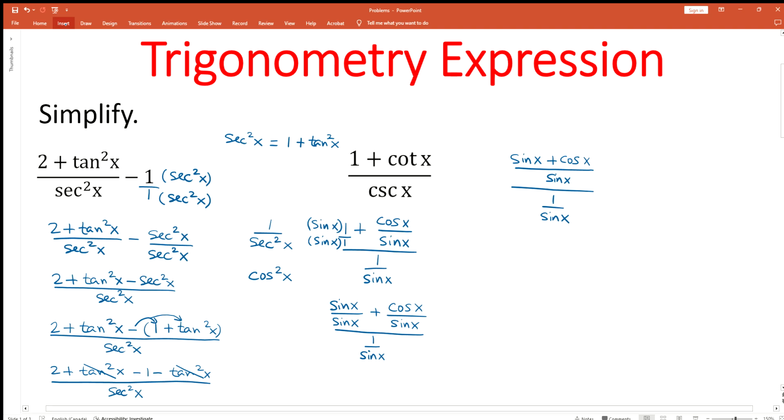Next, we can simplify this expression by writing it as a division statement because it has a fraction over a fraction. Next, we can change this division statement into a multiplication statement. We should flip the fraction 1 over sine x to sine x over 1.